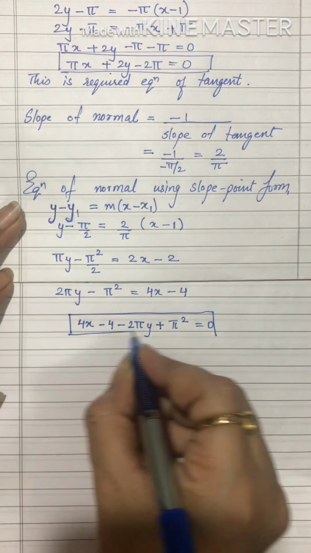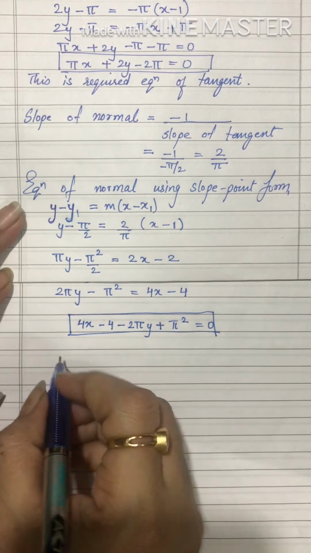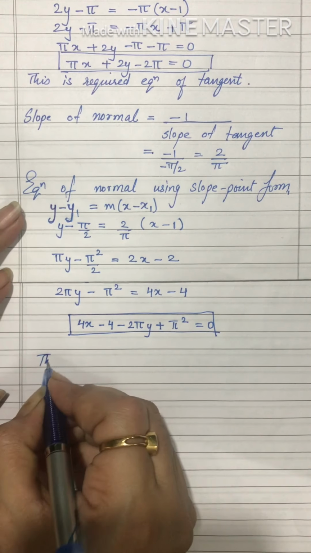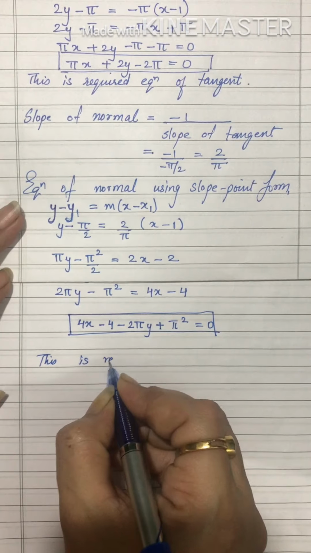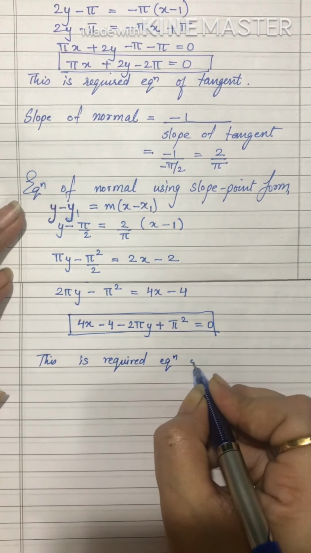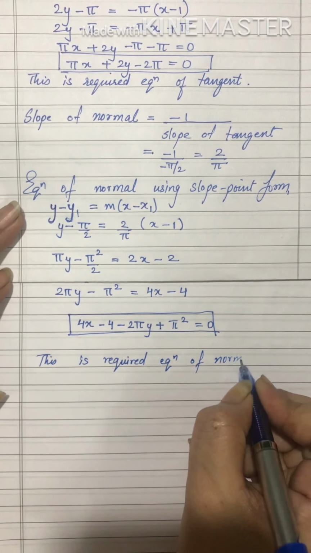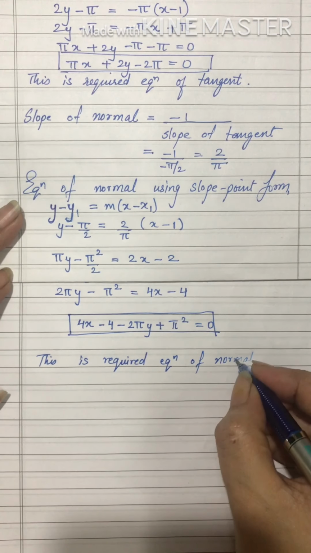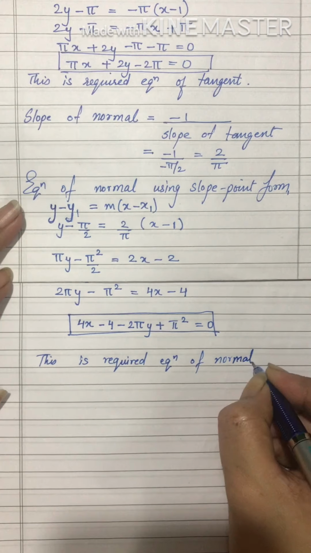So here this becomes our required equation for the normal. This is the required equation of normal.